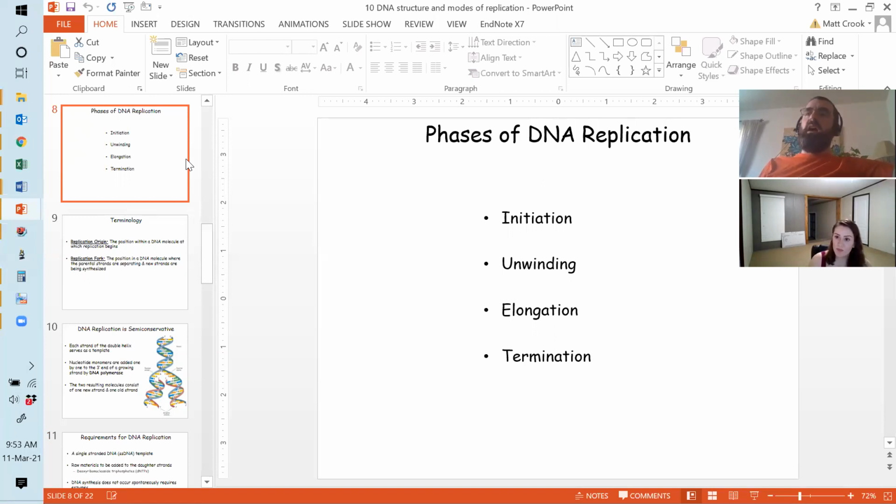because at some point you're going to stop copying the DNA because you're going to run out of DNA to copy. Also, the second main theme is that these processes are carried out by complexes of proteins. So it is not just one protein doing something. It's not like the catalysis of a reaction, turning, I don't know, glucose into fructose, for example, carried out by one protein, one enzyme.